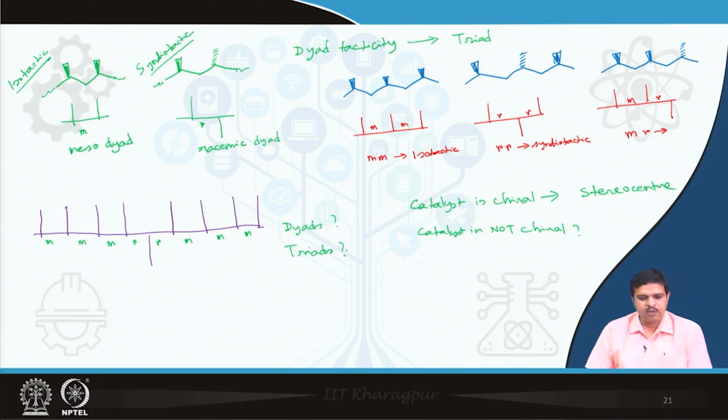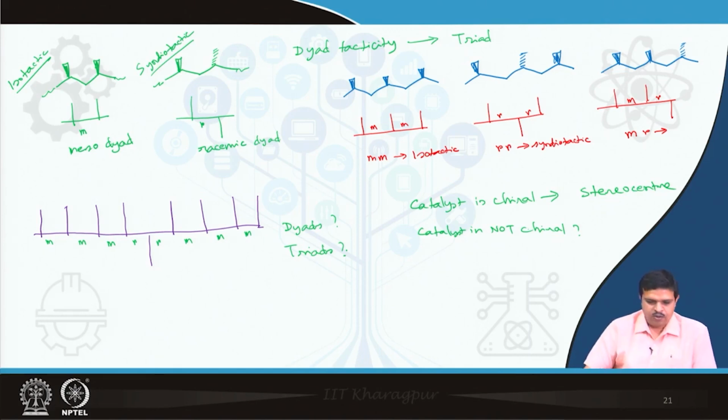First, how many diads, and label them according to the small m small r convention, and then how many triads, and label them with the mm, mr, rr convention. Okay. Let us try.